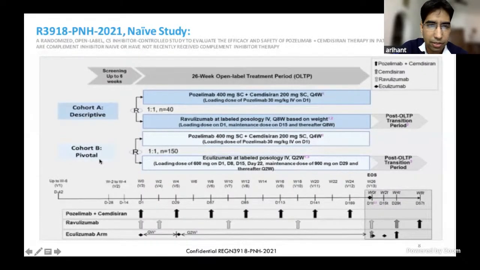This is the trial design, the study is currently ongoing, and we have recruited 1 patient in this open label C5 inhibitor related study, who was randomized to the eculizumab arm.